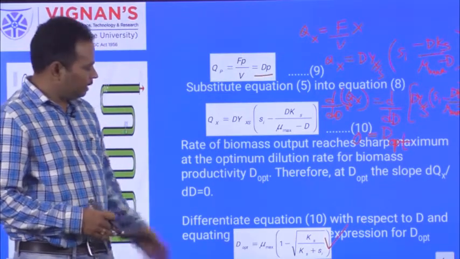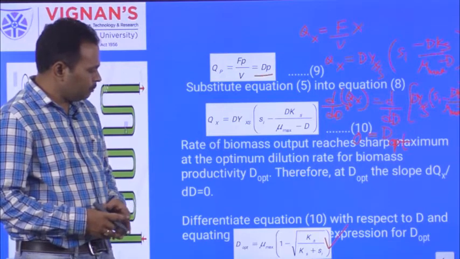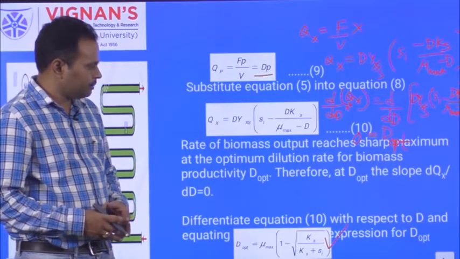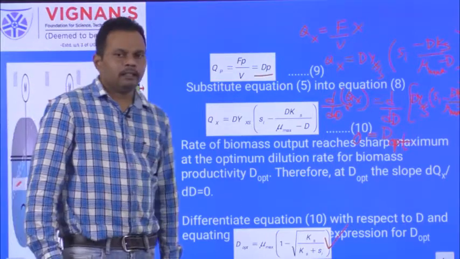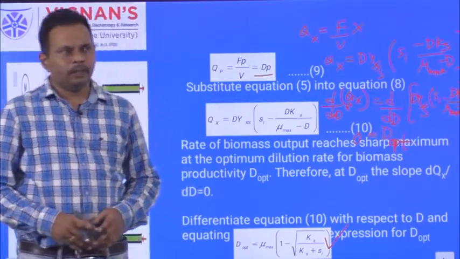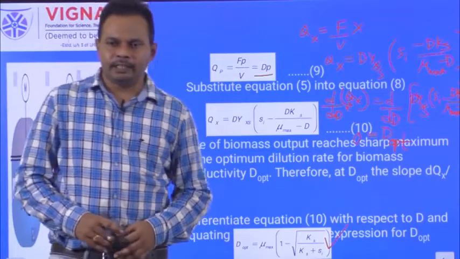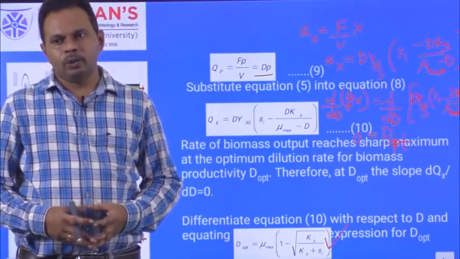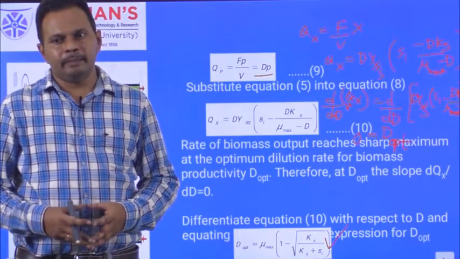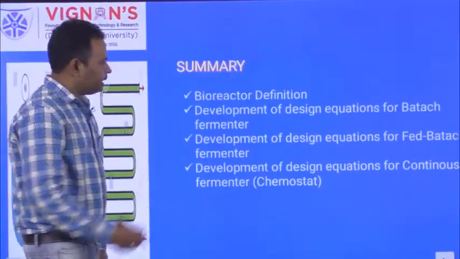Ks is the Monod equation parameter, the substrate constant. Based on this, the chemostat continuous fermenter should not be operated at critical dilution rate. We should always operate at optimum dilution rate to obtain higher amounts of biomass.